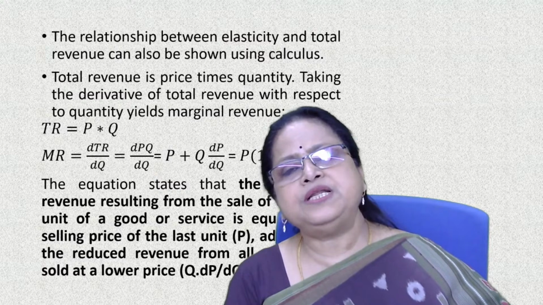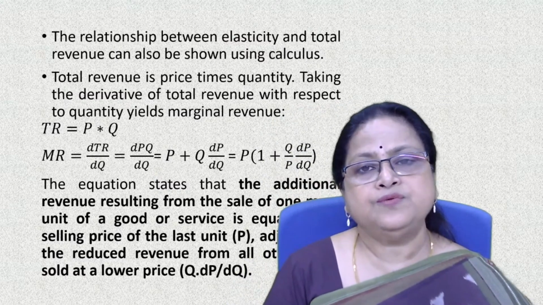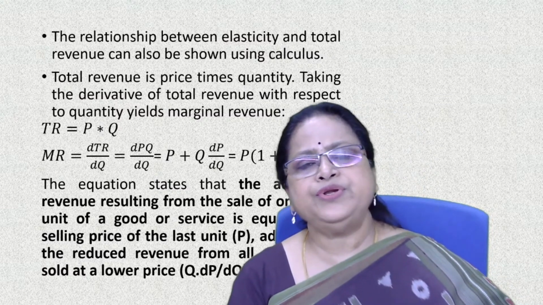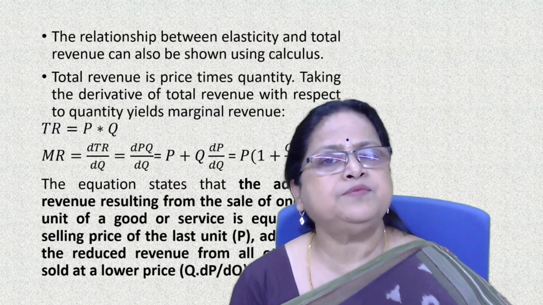The relationship between elasticity and total revenue can also be shown using calculus. Total revenue, we know that is P into Q. Now taking the derivative of total revenue, that is nothing but the marginal revenue.